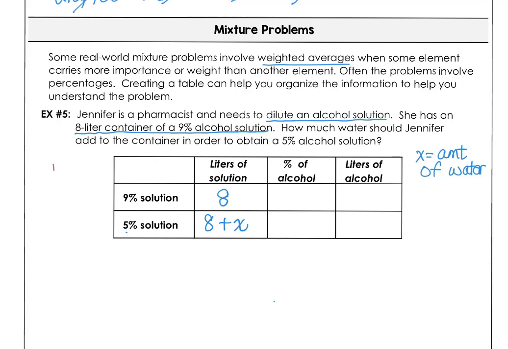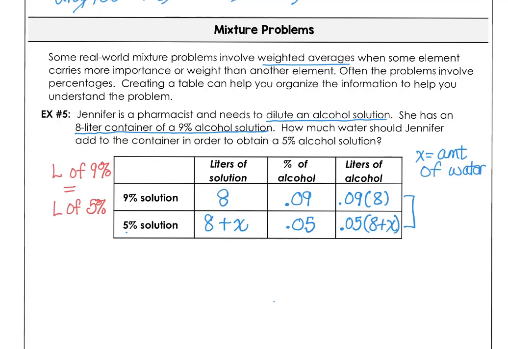I'm thinking that the liters of the 9% solution has to be the same as the liters of the 5% solution. So she has 0.09 and 0.05. So 0.09 times 8 and 0.05 times 8 plus X have to be the same. These two need to be the same.